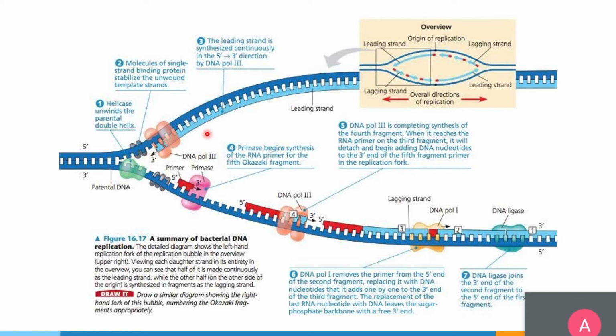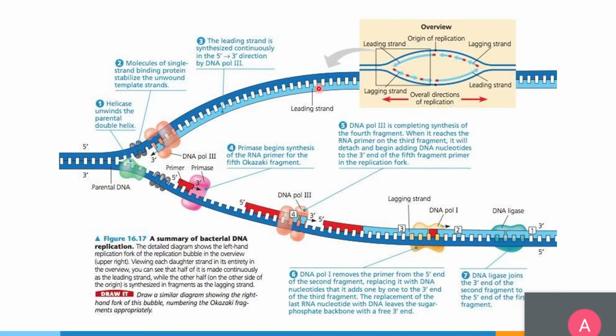Thus, this particular strand, which uses the sense strand as the template, is known as the leading strand. And the leading strand is continuously synthesized from the 5' to the 3' direction. The synthesis always starts with the help of a primer.